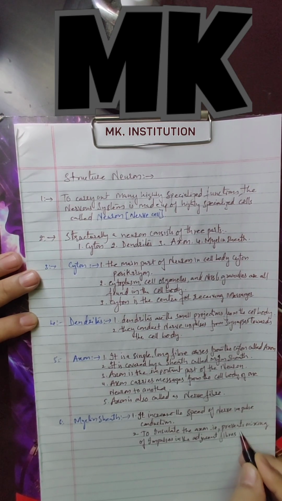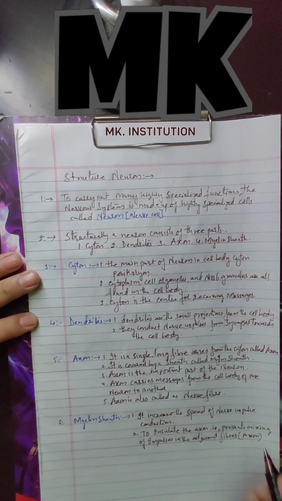Fiber means axon. Okay, axon. Clear? This answer you can get 6 marks.